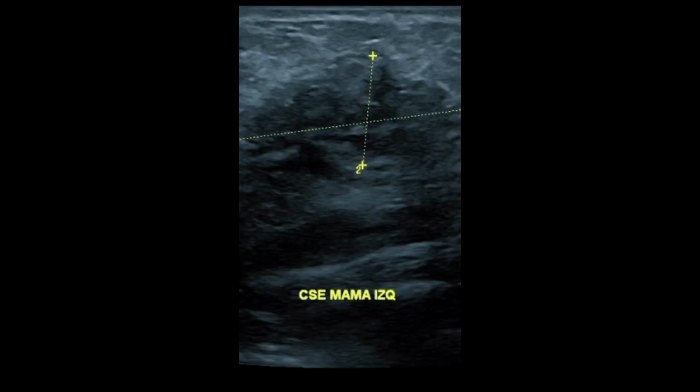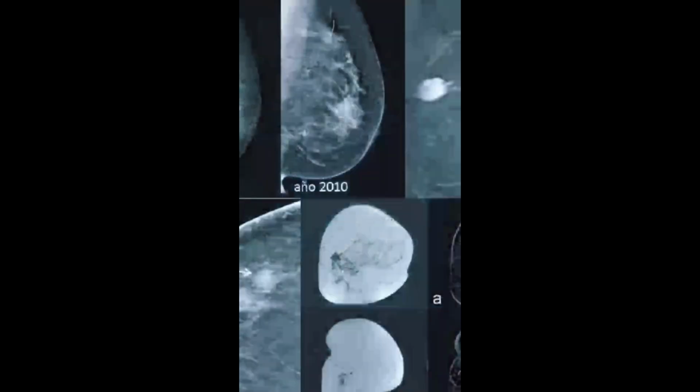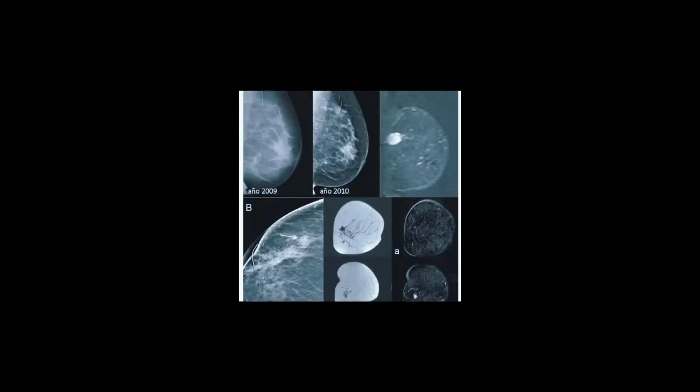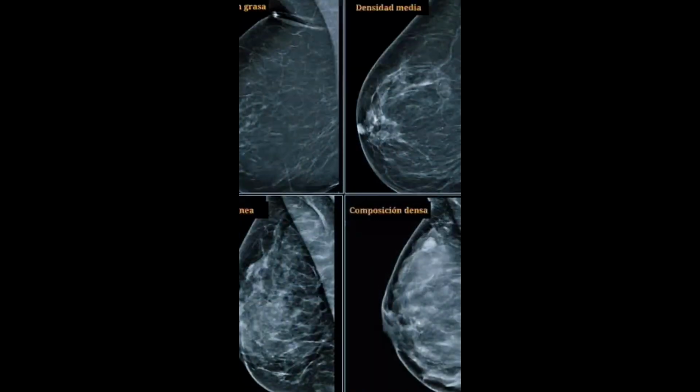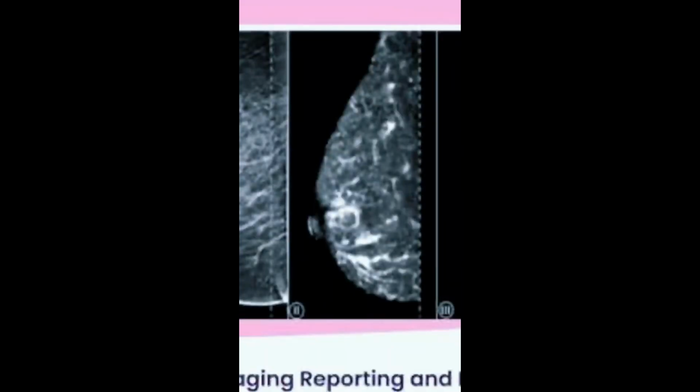Spiculated mass on mammography with radiating borders, highly suggestive of carcinoma. Cluster of pleomorphic microcalcifications, a typical pattern of malignancy such as ductal carcinoma. Irregular lesion with posterior acoustic shadowing on ultrasound, a classic finding in breast cancer.